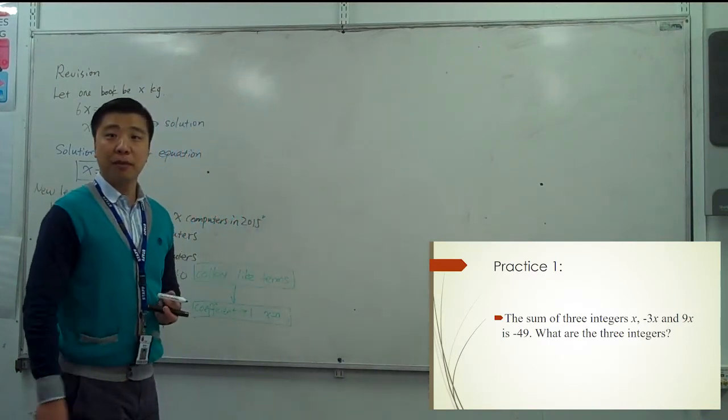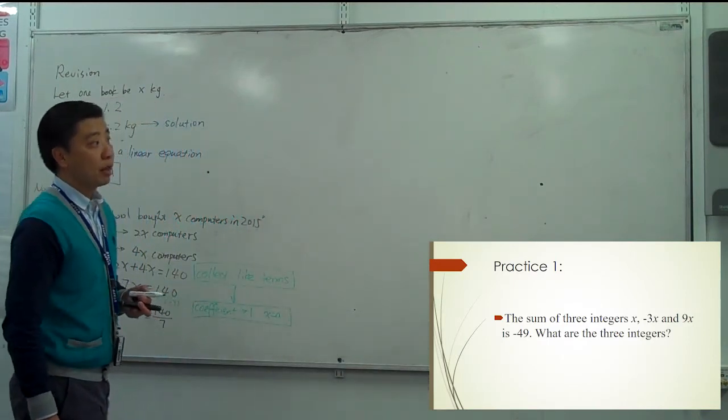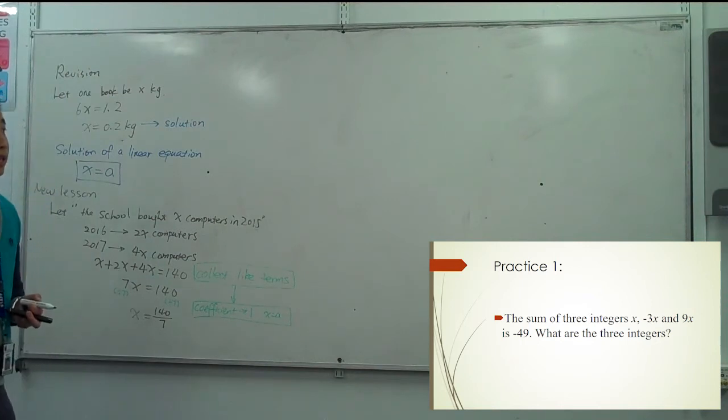Now we want you to do that by yourself. The sum of 3 integers, x, negative 3x, and 9x, is negative 49.